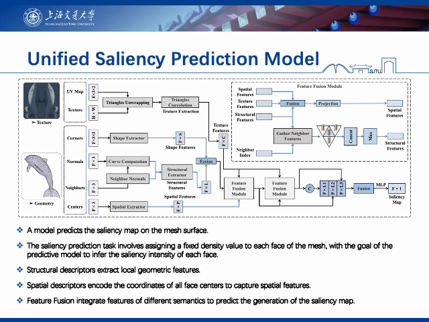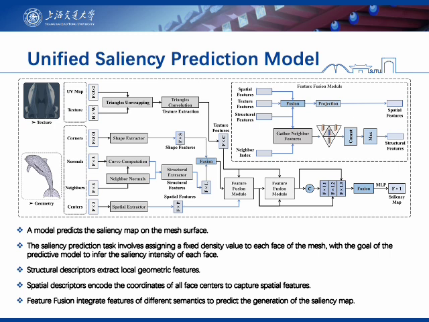Then we present a model designed to predict saliency maps for both non-textured and textured mesh surfaces. The saliency prediction is performed at the triangle face level. Each face is assigned a saliency value that reflects its importance on the local surface.